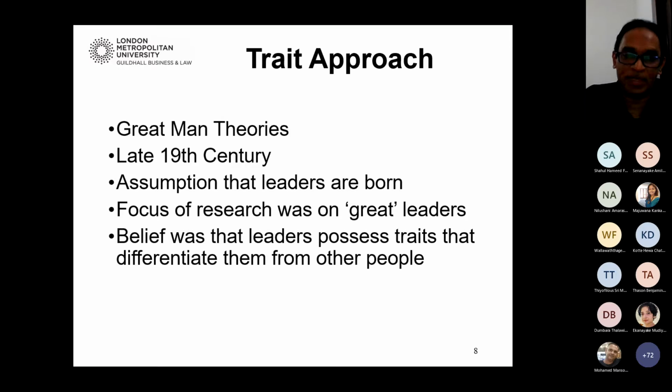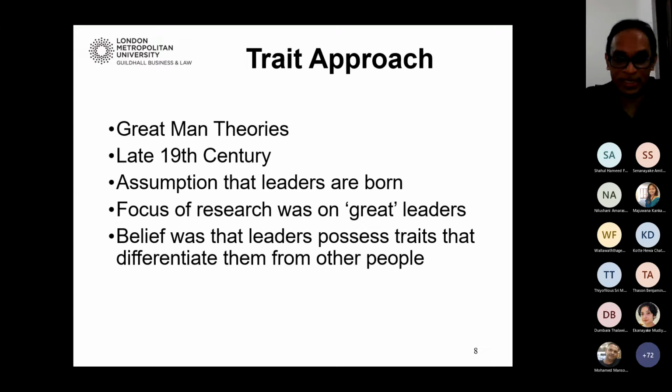So this is also called great man theory. Now, why do you say great man theory? This was identified in late 19th century, right? 19th century is the 1800s, right? So those days, long years ago, people thought that the leaders are always men, right? So that's why they call it great man theory.